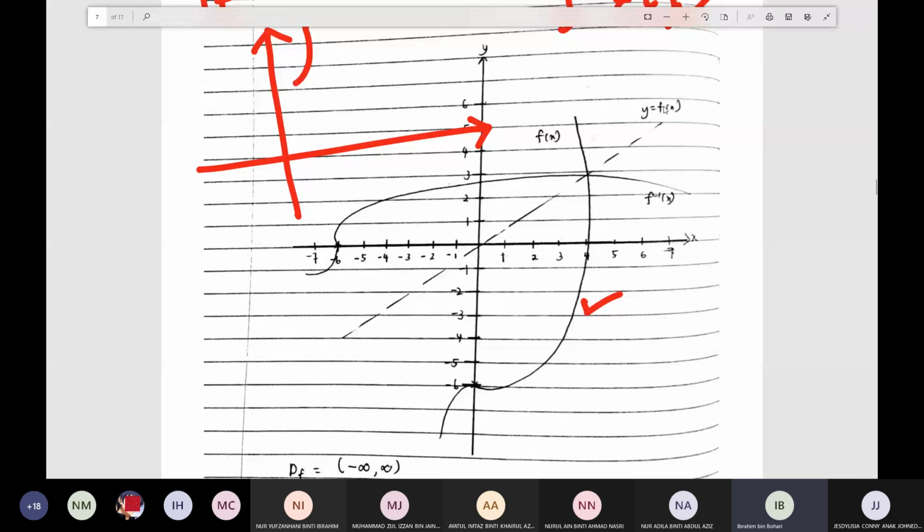Saya tunjukkan. Okay. So this one y here equal to 6. And between this one your labels graph of the f(x). Okay. And then between f(x) and f inverse here you put the dot line.